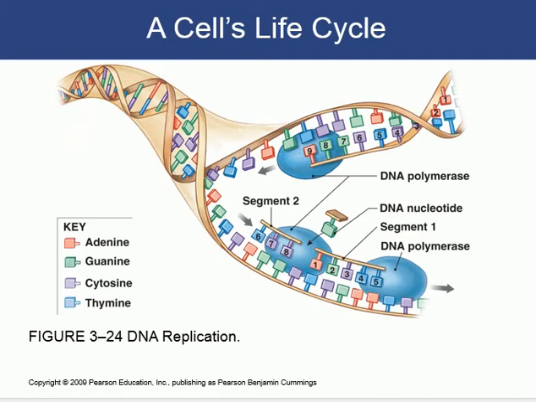The enzyme is called DNA polymerase, but the process is called replication. DNA to DNA, replication. And the enzyme is DNA polymerase. DNA to RNA, what do you call it? Start with T. Transcription. And what's the enzyme? RNA polymerase, yes.